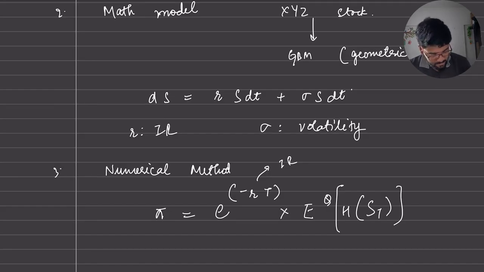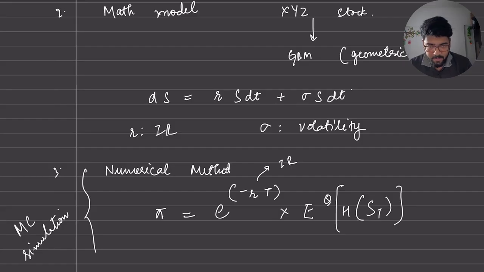So this is a typical Monte Carlo simulation model which you can go through in some other books. We will not be going into details. I'll make a separate video if that is necessary.